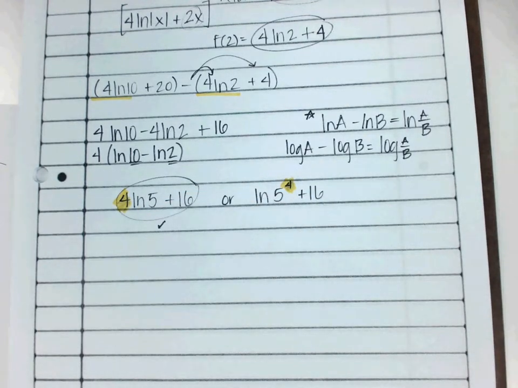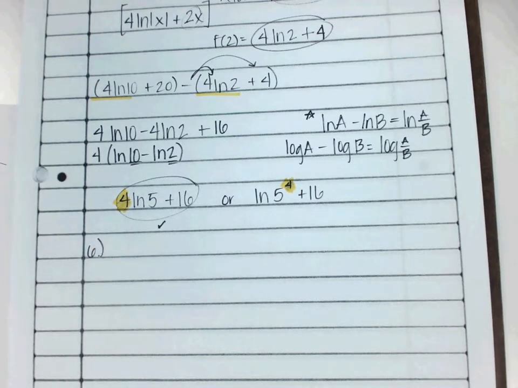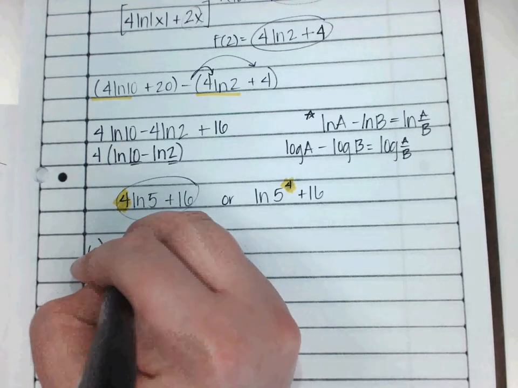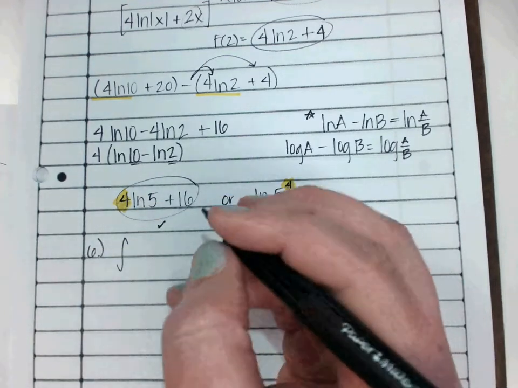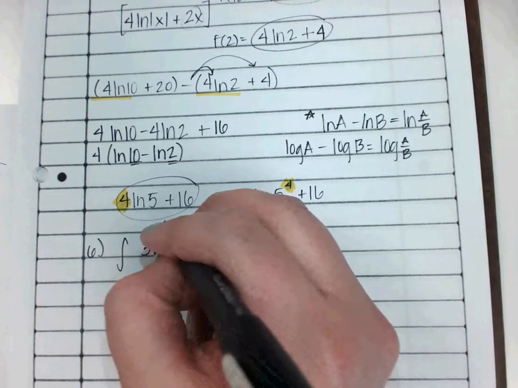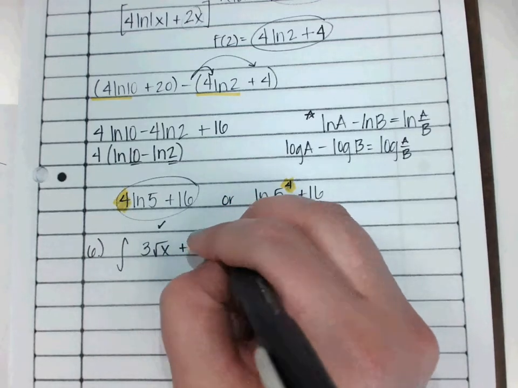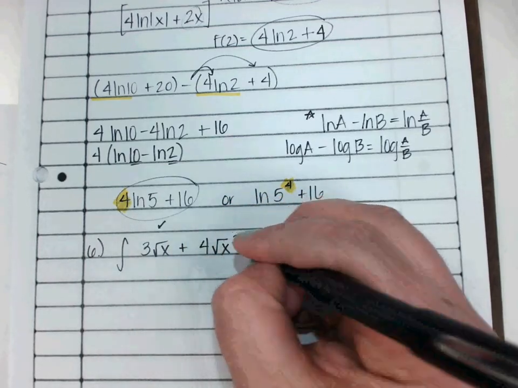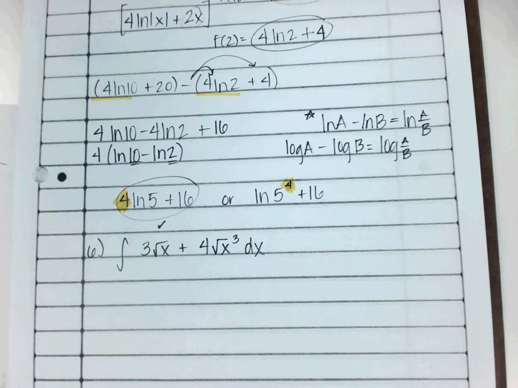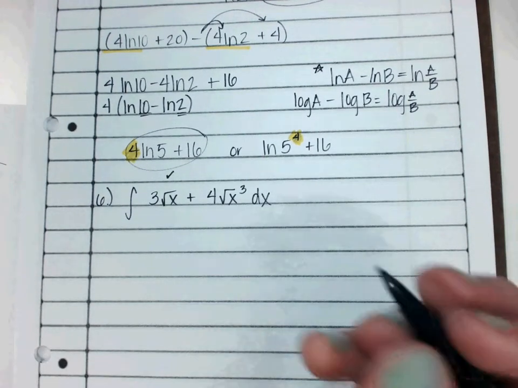All right, 2 more left. Number 6. We are going to take the integral of 3 square root x plus 4 square root x cubed dx, from 1 to 4.